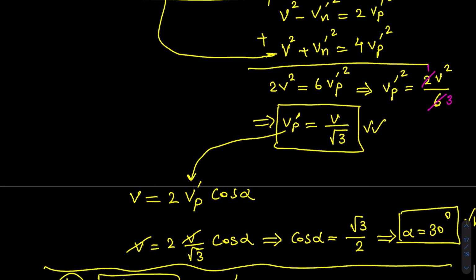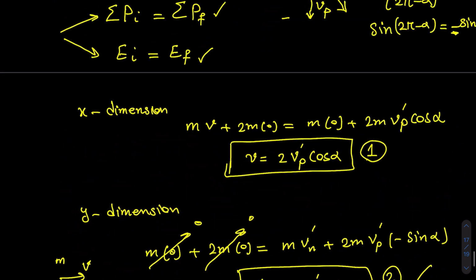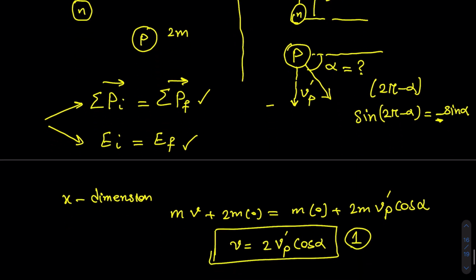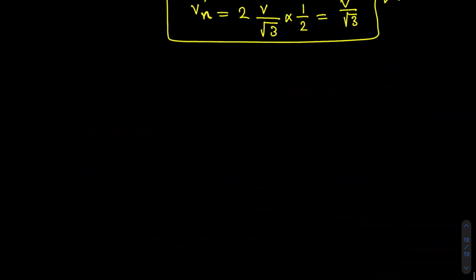Now part C says, what fraction of the initial kinetic energy is transferred to the target particle? So that means we need to calculate the kinetic energy of the particle after collision and the kinetic energy of the nucleus before collision, and then divide that of the particle by that of the nucleus.